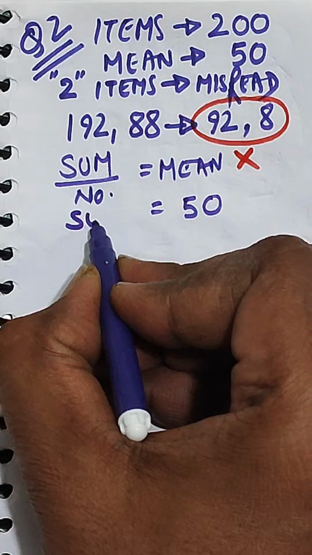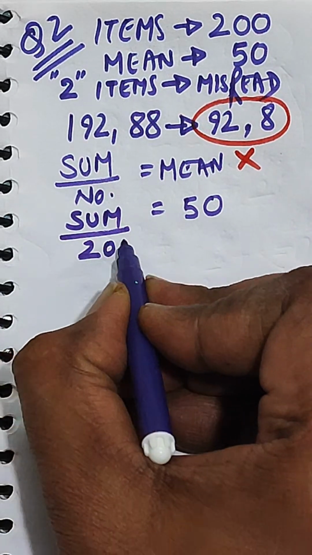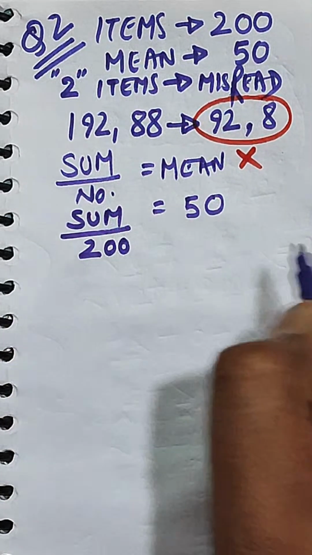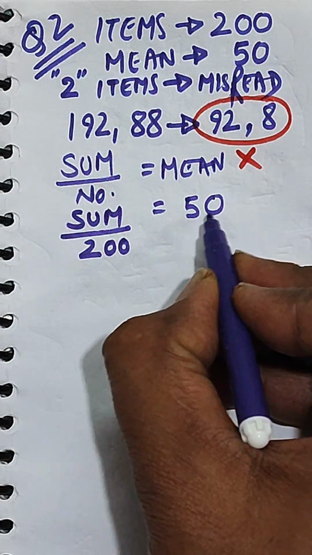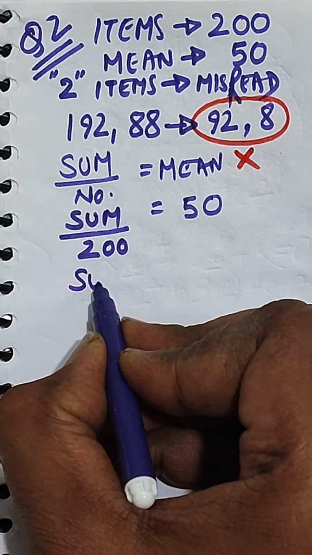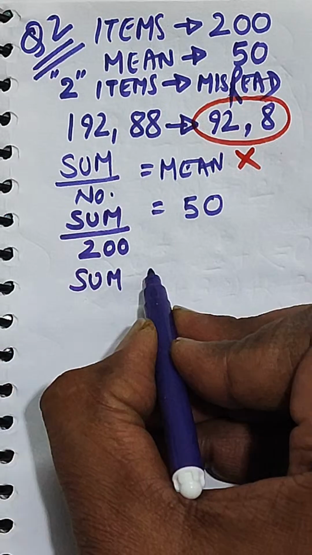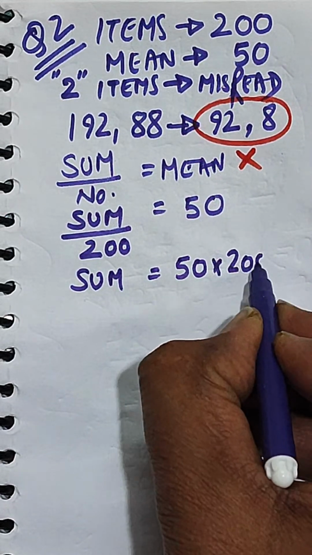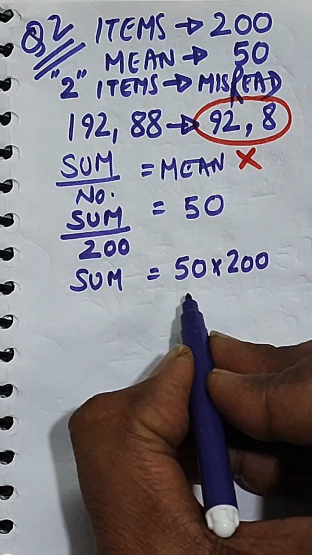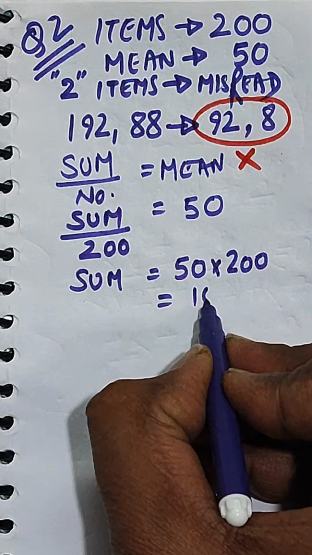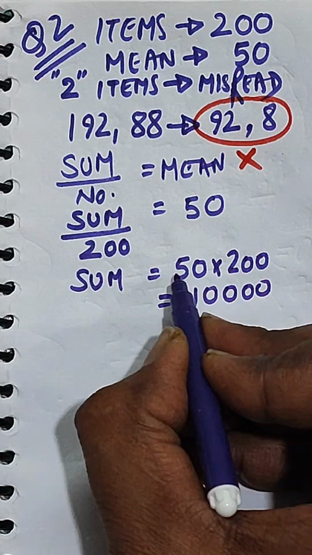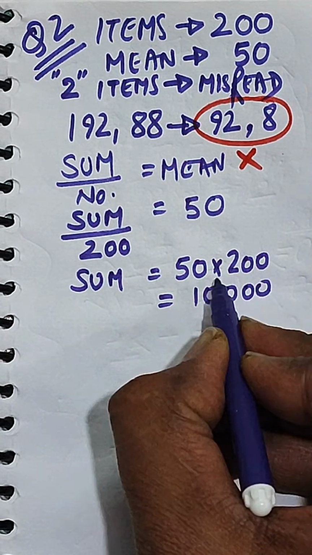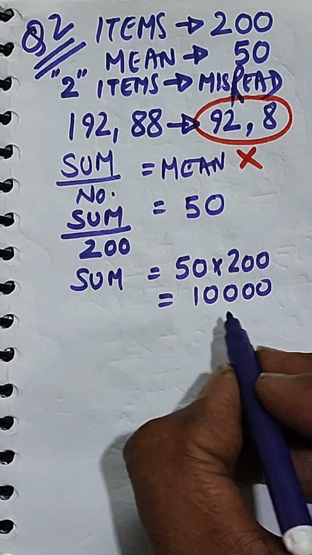So the sum divided by the number 200, that is the number of observations, will give you 50. Therefore this will give you the sum as 50 into 200, which is coming as 10,000. 5 into 2 is 10, and 3 zeros extra, 10,000.